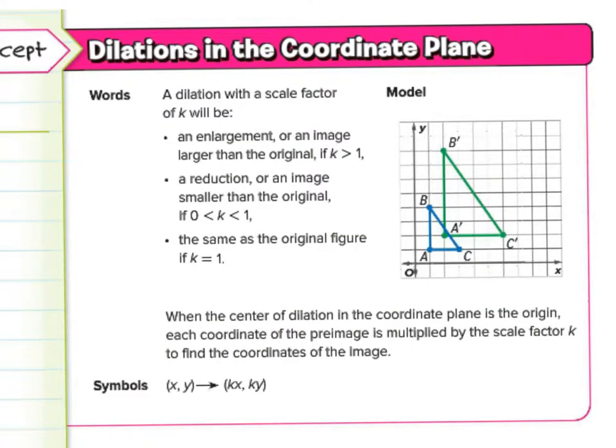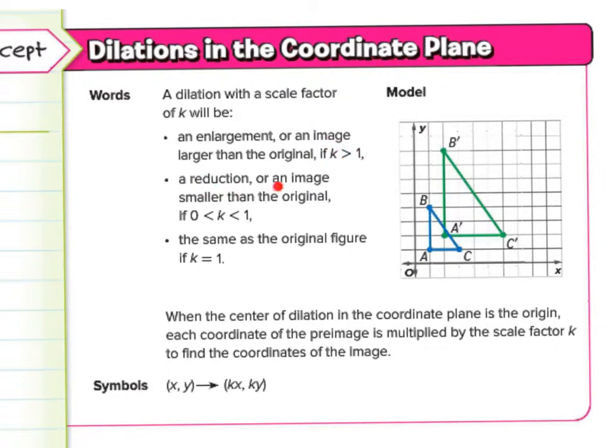Let's take a look at our key concept for this lesson. Dilations in the coordinate plane. Okay. Words: a dilation with a scale factor of k will be, okay, a scale factor of k is identified because we don't know what the scale factor is, so we've just picked a variable, right? An enlargement, or an image larger than the original image, if k is larger than 1.